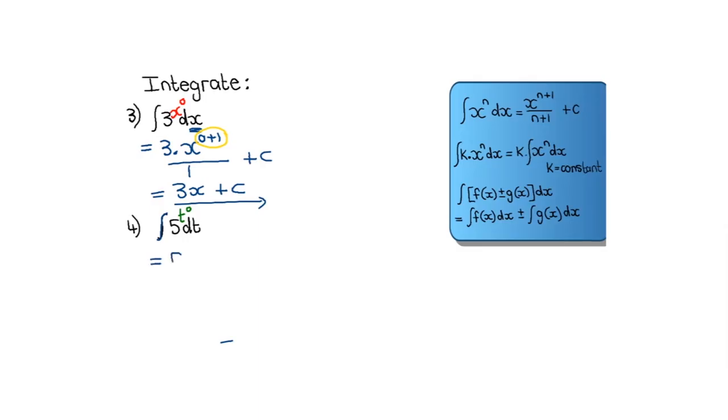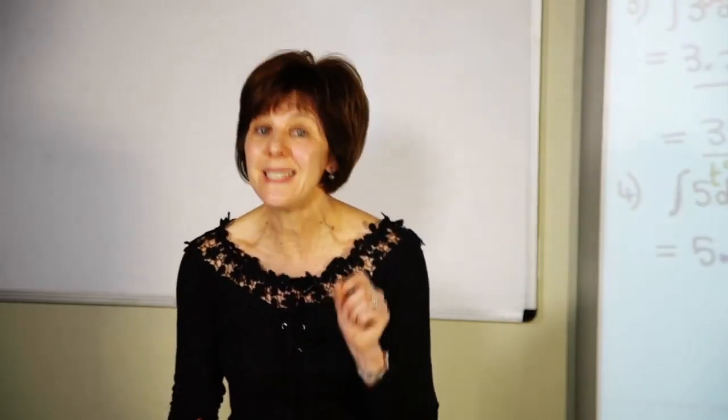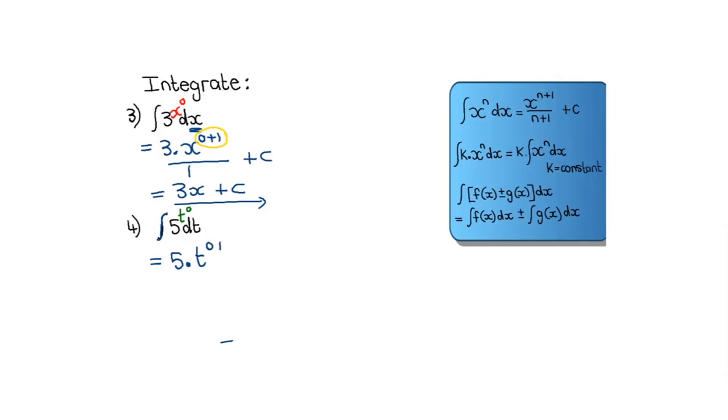So if I use the integration rules, I'll say write down the constant 5, write down the t to the power 0 that I have, and now I have to add 1 to the exponent of the t, and divide by that new exponent, which is 0 plus 1 is 1, plus the constant. If I simplify this, it will be 5t plus a constant.